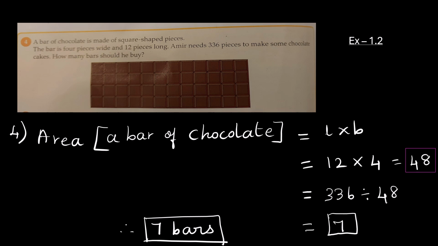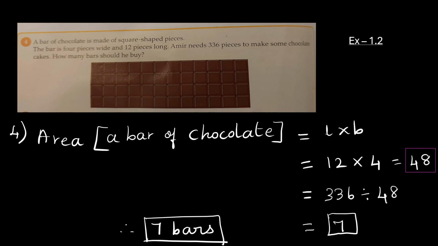For that, we need to find the area of a bar of chocolate. Here, a bar of chocolate is in rectangle shape. Now, area of a rectangle equals L into B square units. So, here our L is 12, our B is 4. So, 12 into 4 equals 48 square pieces.